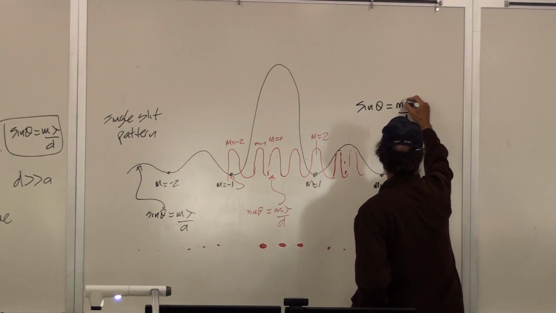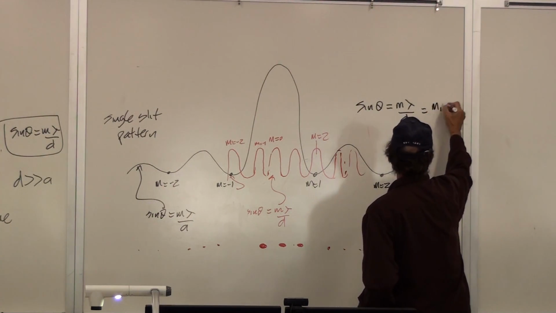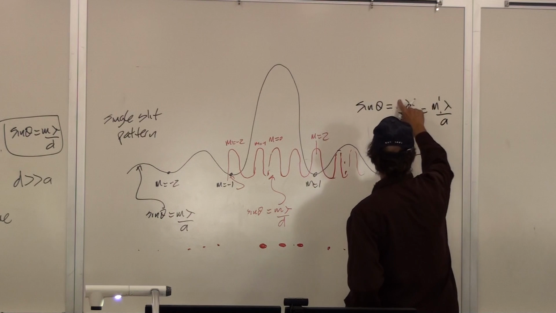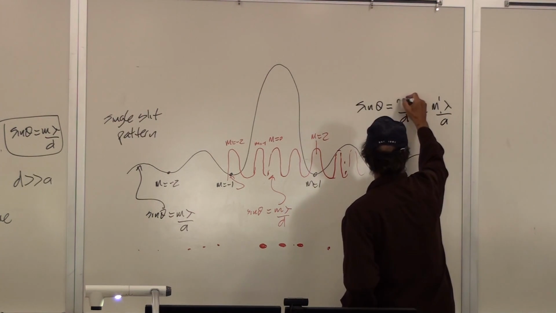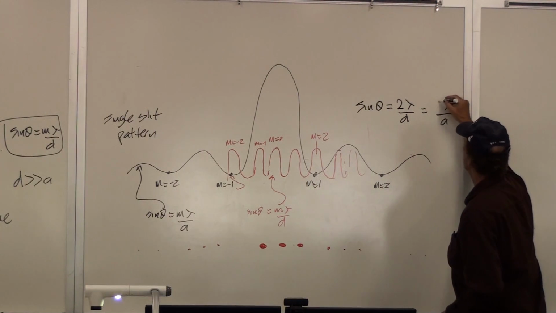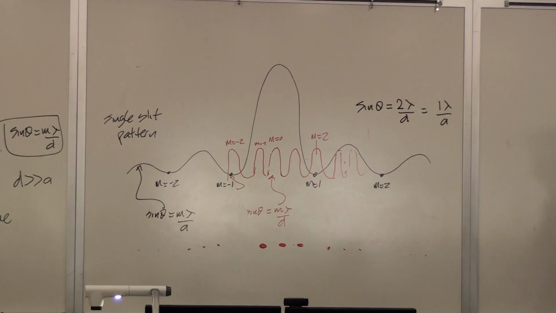That's going to be m prime lambda over a. So the m here is going to be 2, and the m prime here is going to be 1. And we want the angles to be the same, so that means the sines of the angles will be the same.